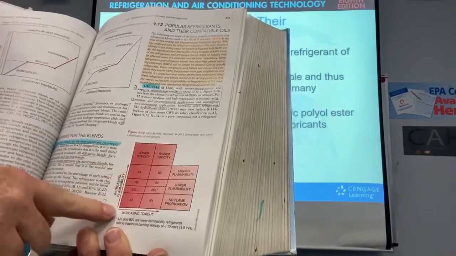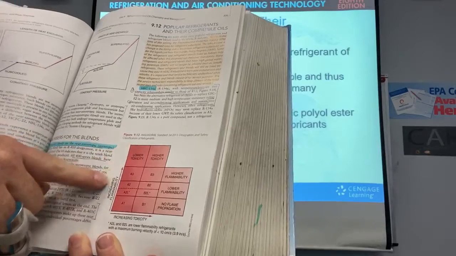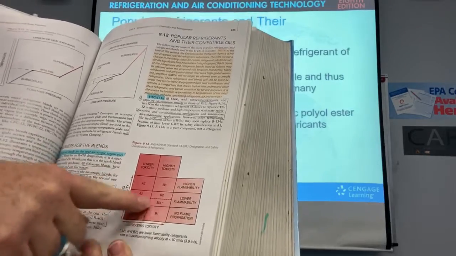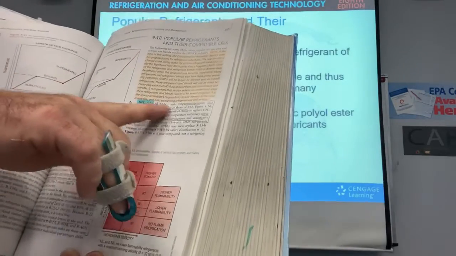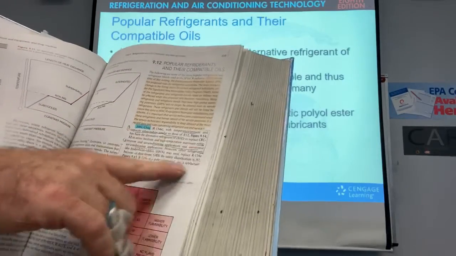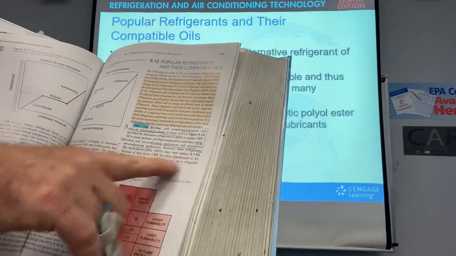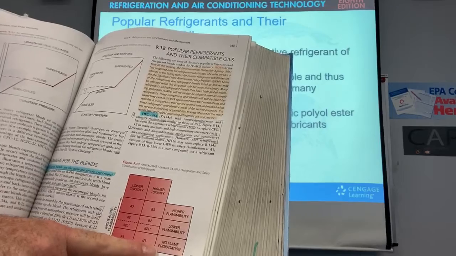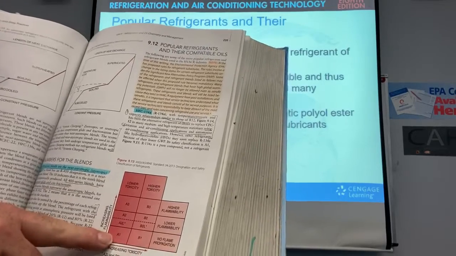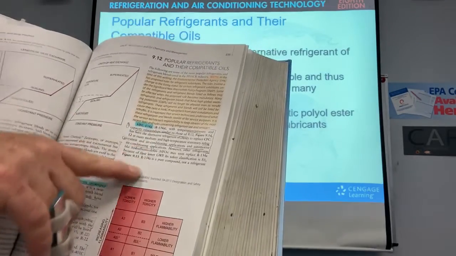And so these are the ratings for the refrigerant, okay? Whatever rating that refrigerant has, like let's say it's 134A here and it tells you what the rating is, A1, you go look here and it says no flame propagation and low toxicity. That's how you look that up.